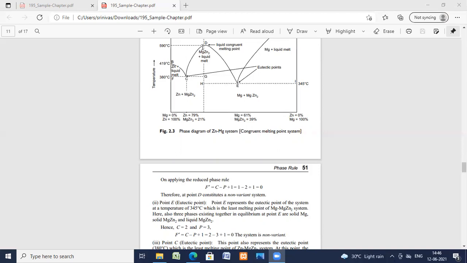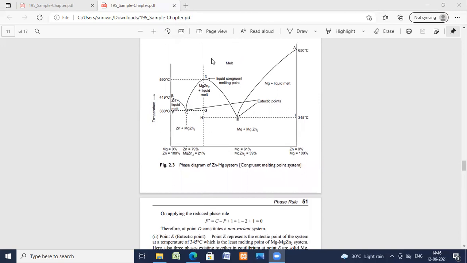The temperature corresponds to this congruent point. At this point, 2 phases are in equilibrium. MgZn2 is in equilibrium with liquid. Both of them are in equilibrium.